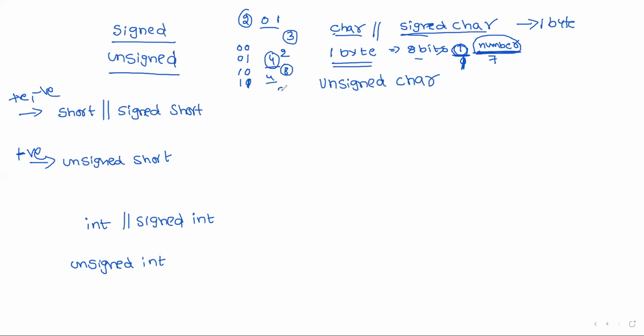If I give 4 bits, 2 power 4, 16. Similarly here, how many bits am I given? 7 bits. How many possible combinations do you have? 2 power 7 possible combinations, right? So what is 2 power 7? 128.